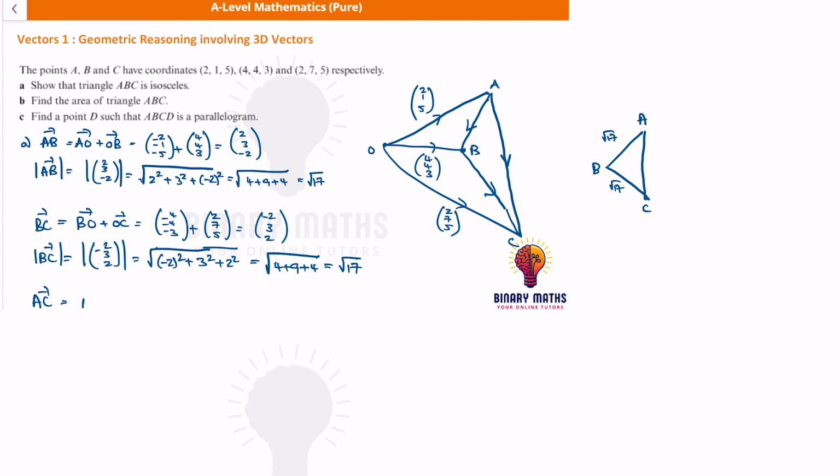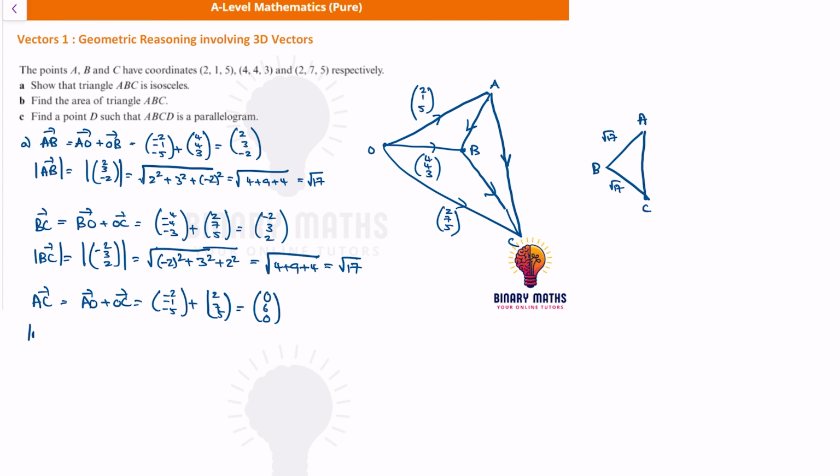So A to C is equal to A to O plus O to C, which is equal to (-2, -1, -5) plus (2, 7, 5), which gives me (0, 6, 0).